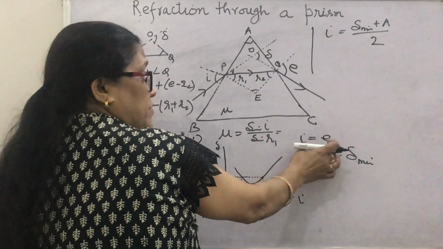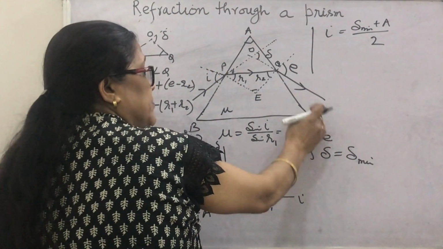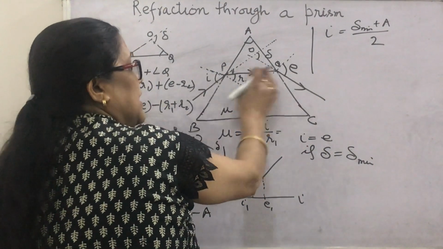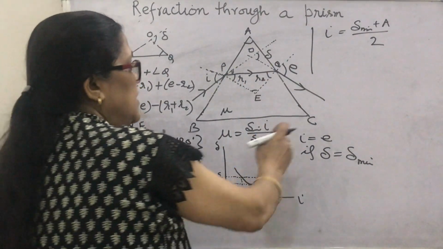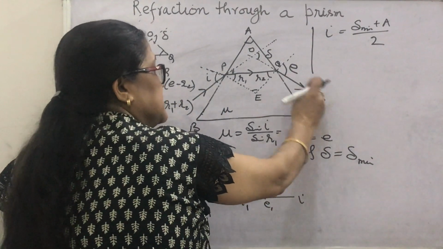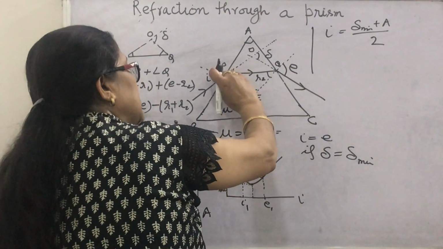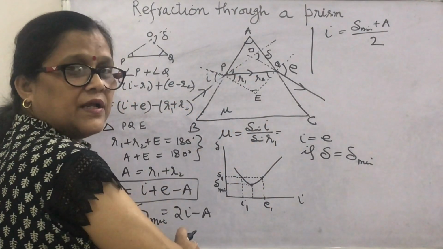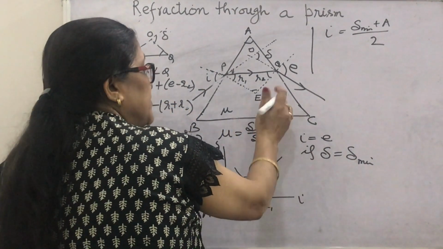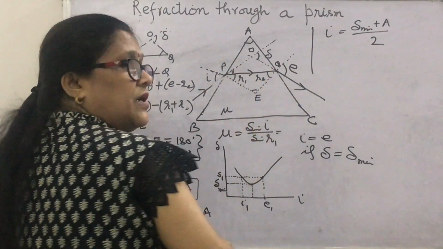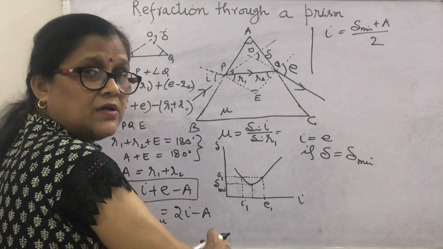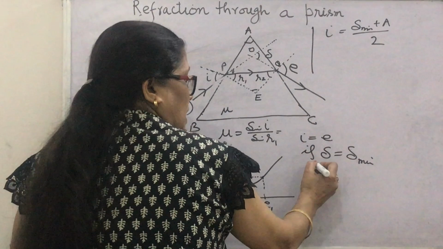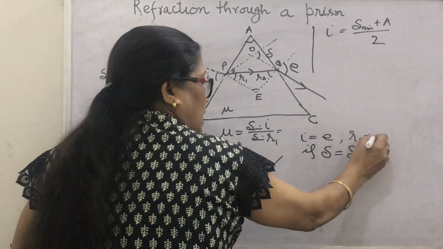I equal to E means that if these two angles are interchanged, and this emergent ray is the incident ray, then the incident ray at the surface AB will act like the emergent ray. Then what can you write? That R1 will be equal to R2.